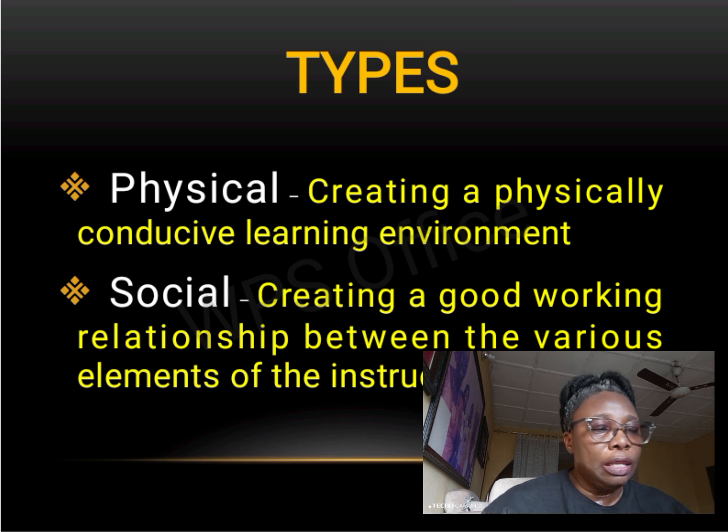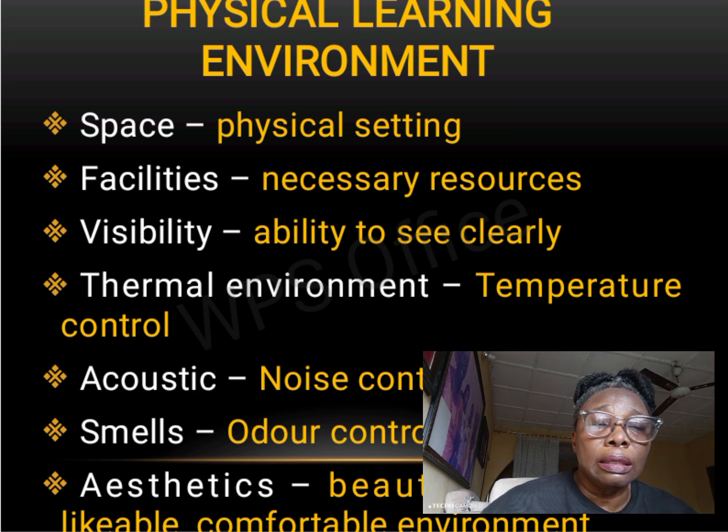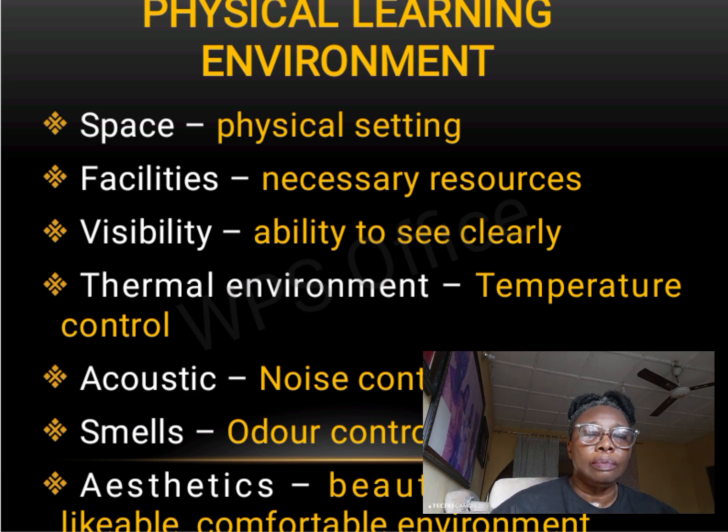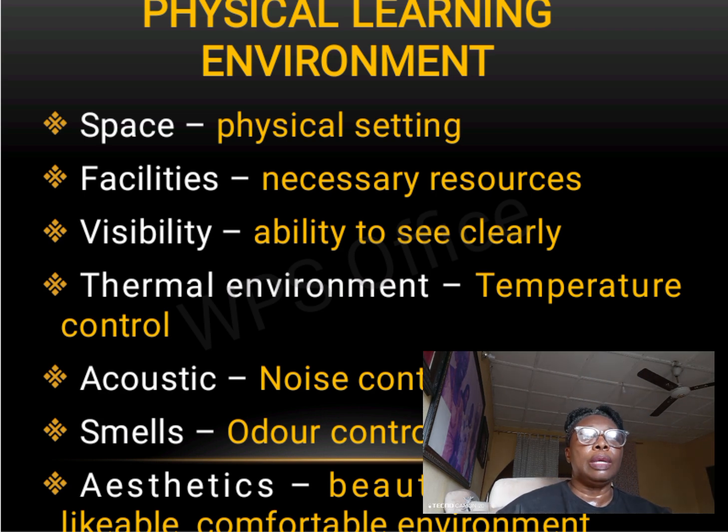We're going to start with the physical learning environment. When we plan the physical learning environment, there are several things we emphasize. Space, that's the physical setting where learning is going to take place. Facilities, the necessary resources. Visibility, the ability to see in that learning environment.